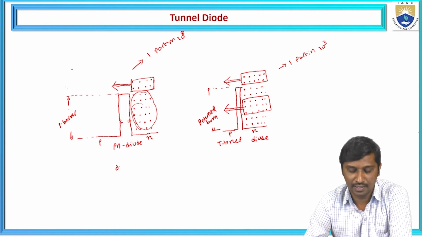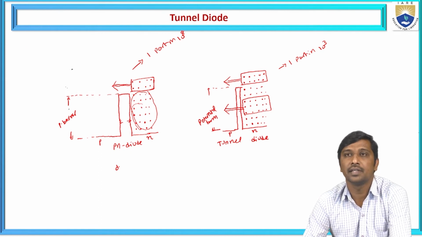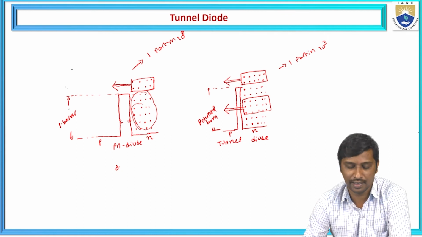But in a tunnel diode, we have a very thin PN junction. Hence, even if the electron has a lower potential compared with the space charge region, these electrons are able to pair with the majority charge carriers of the p side region. Hence, it allows the conduction.